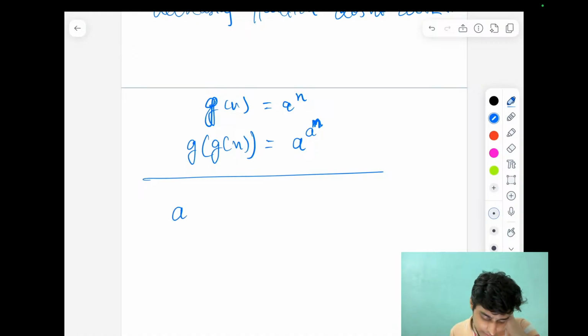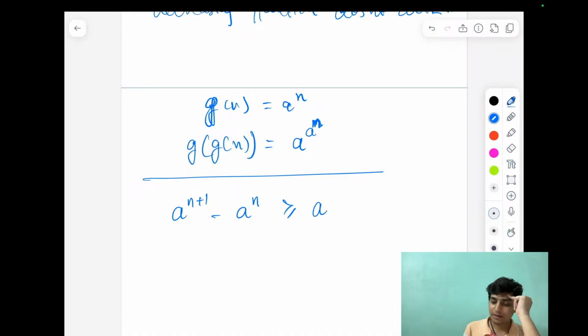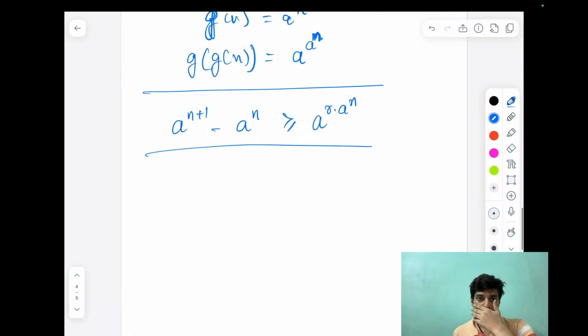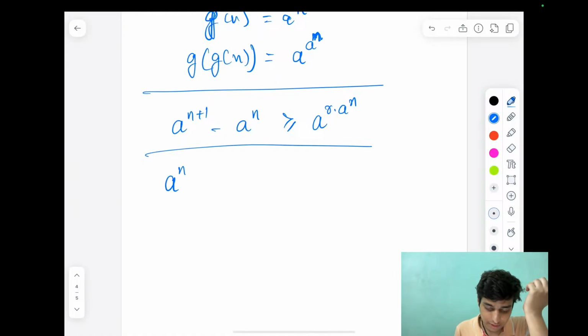Let's check. A to the power n plus 1 minus a to the power n is always greater than or equal to a to the power r into a to the power n. Now we have this function in a drastic way. I can take a to the power n common and I would be left with a minus 1 into a to the power n.